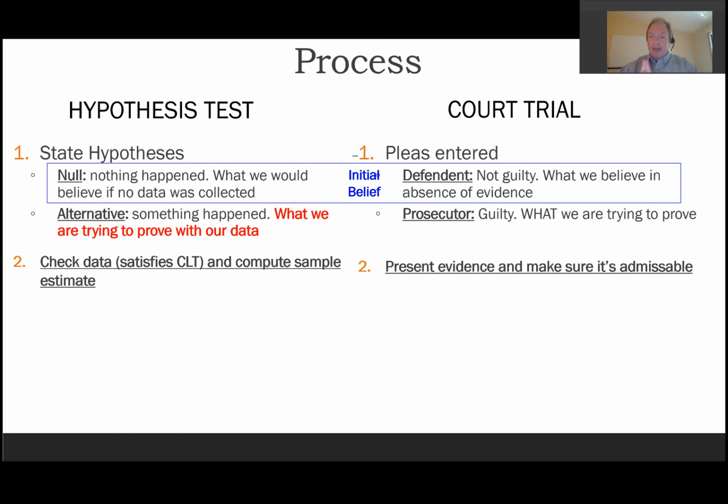Now, making sure it's admissible. In a court of law, one of the things that the defendant does is challenge whether or not the evidence is admissible. And if the evidence was not collected properly, they have to throw it out.